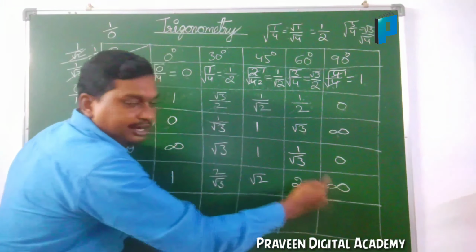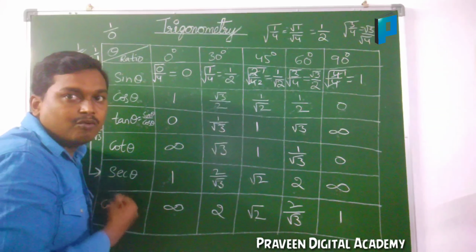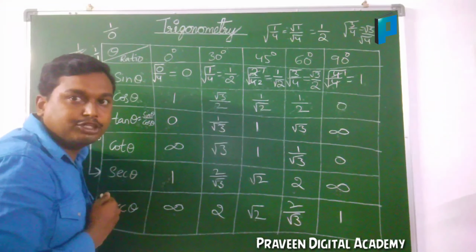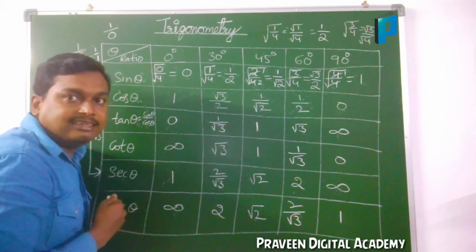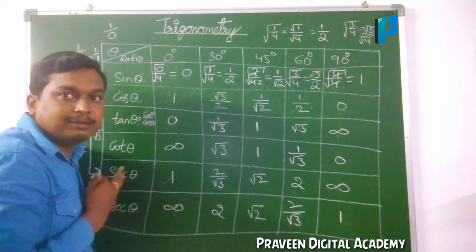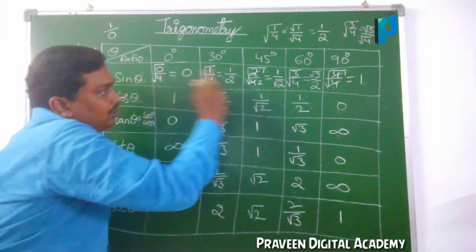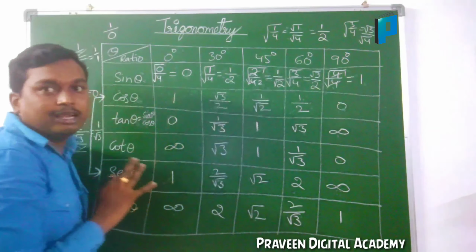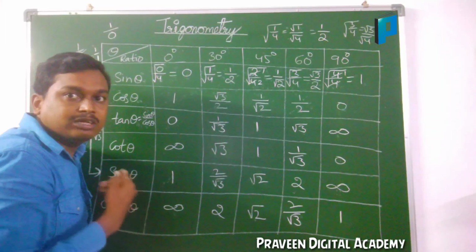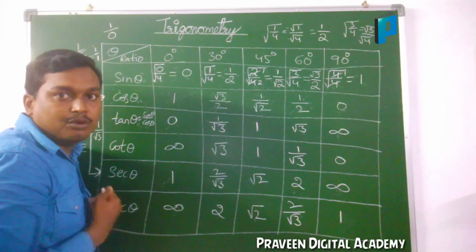In this way, we can write the trigonometric table in a very easy format, and this helps you a lot in your examinations. Here you simply have to remember the first line itself. If you know the first line properly, you can solve all the other values in a very easy way.